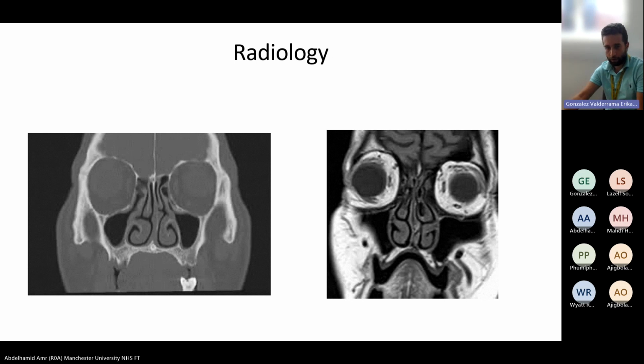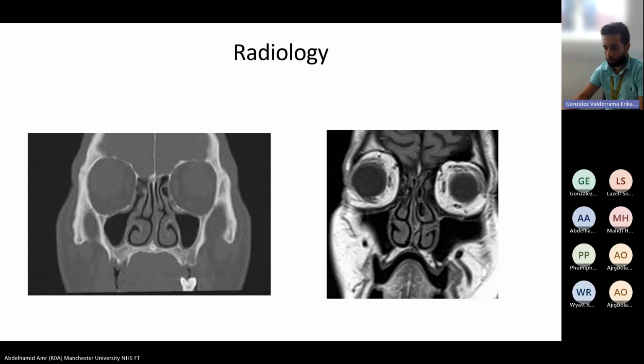Here the nasal septum, and when you look at the scan, you always have to think about what window. This is a coronal cut, and it's a bone window. You can see the bones right there. The soft tissue window we sometimes can use as well.